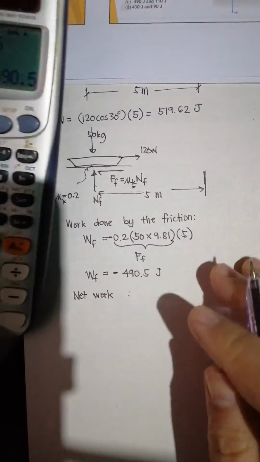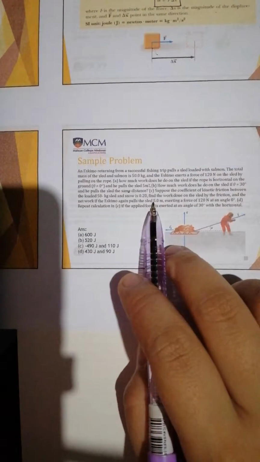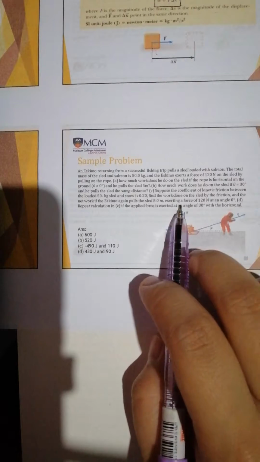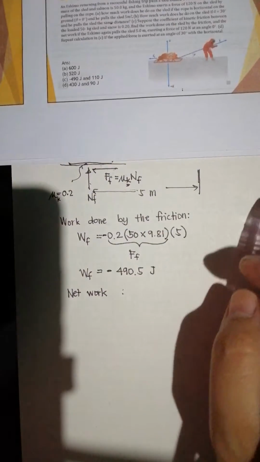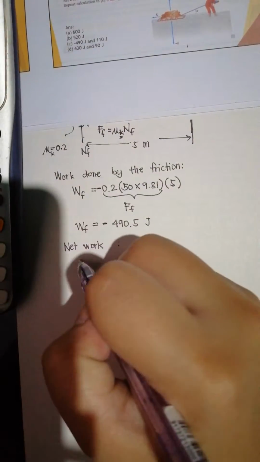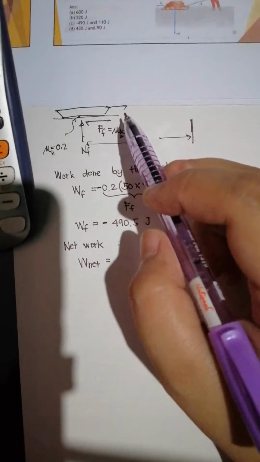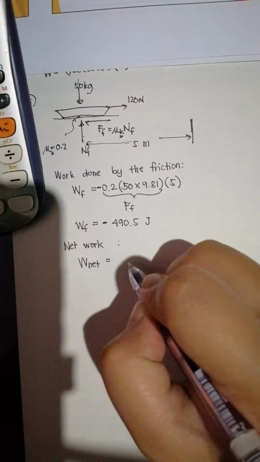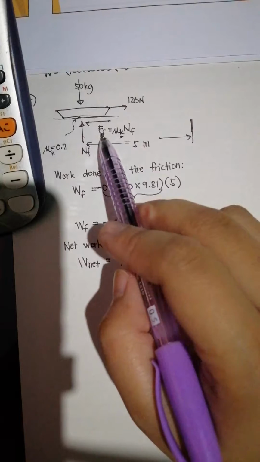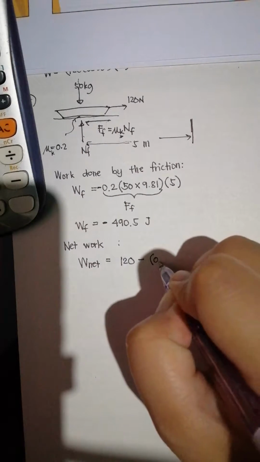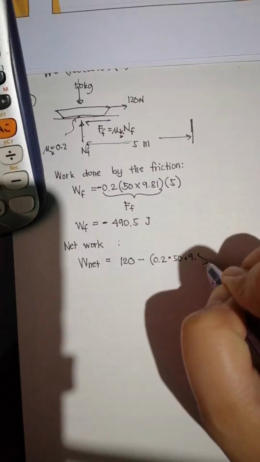So the net work done on the object, which was also asked in the problem, considers the force of 120 newtons on the rope at an angle of 0 degrees. The force along the displacement will be the 120 newtons minus the friction force, which is 0.2 times 50 times 9.81.